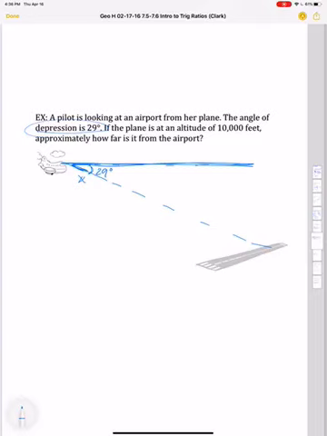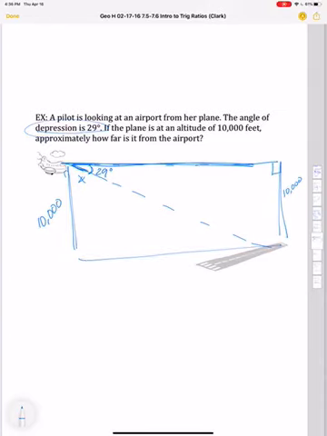If the airplane is at an altitude of 10,000 feet, that's how high it is, right? So from here, this distance is 10,000 feet. Or, if we go down here and make a right angle, this distance is 10,000 feet, because this has to be the same as this if it's some sort of rectangle.